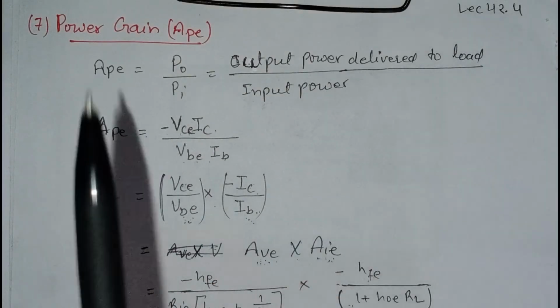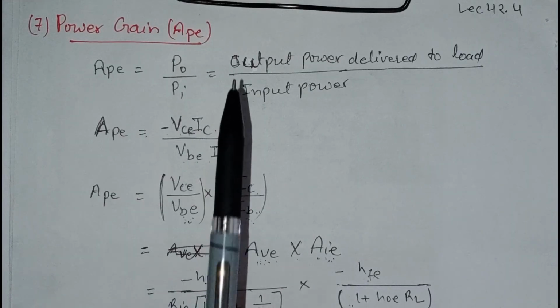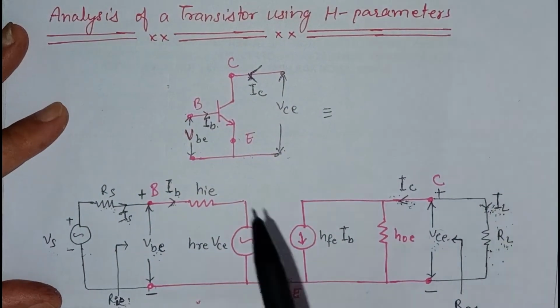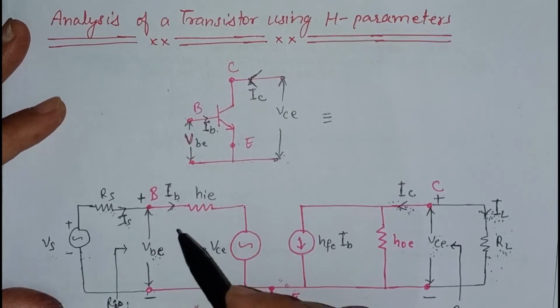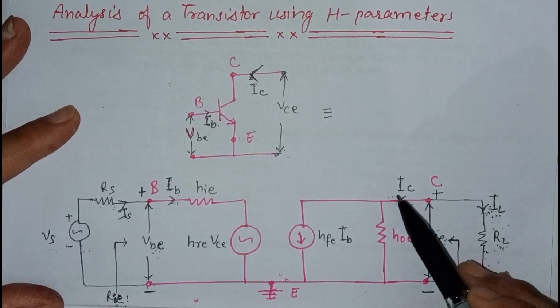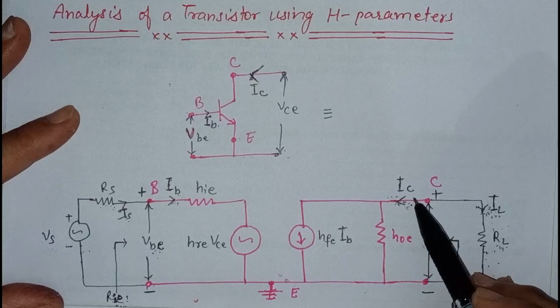Now we will derive the overall power gain of the circuit. Power gain is equal to output power delivered to the load upon input power. Input power will be equal to input voltage multiplied by input current, and the output power will be equal to output voltage into output current, and this is equal to VC into minus IC.